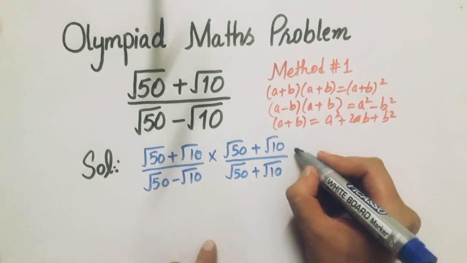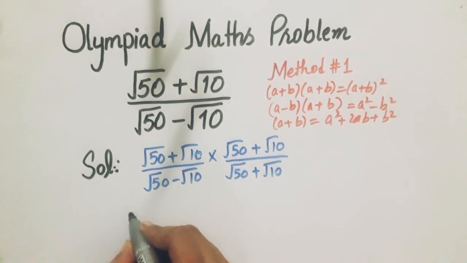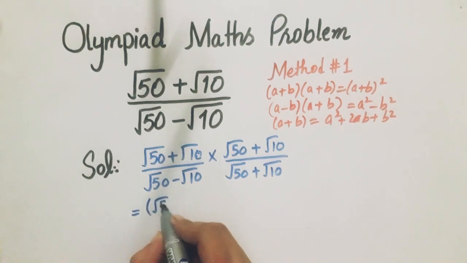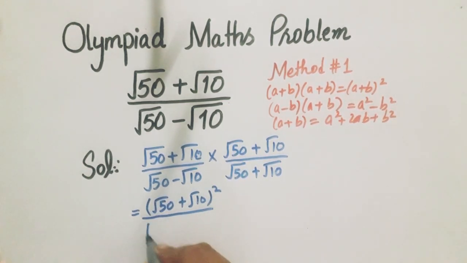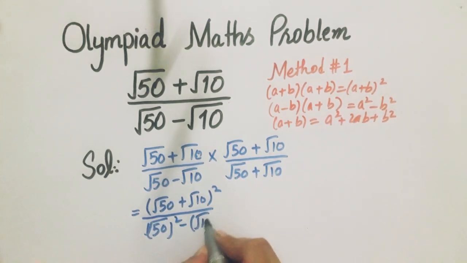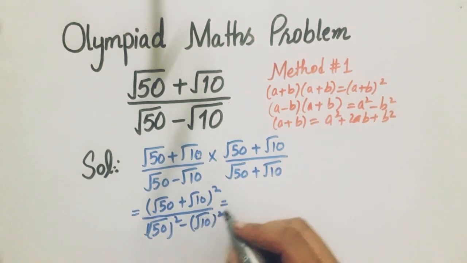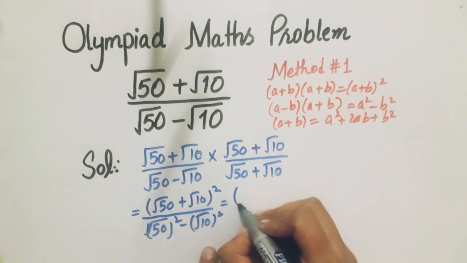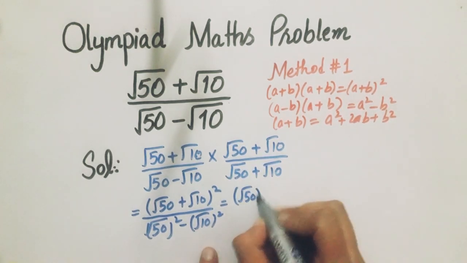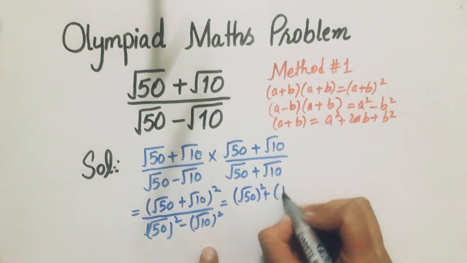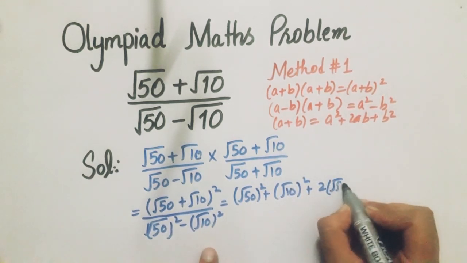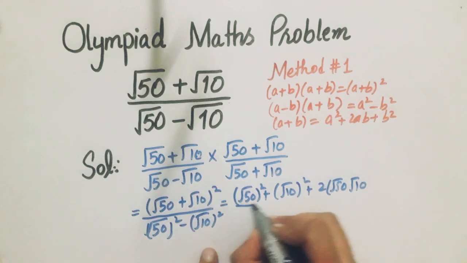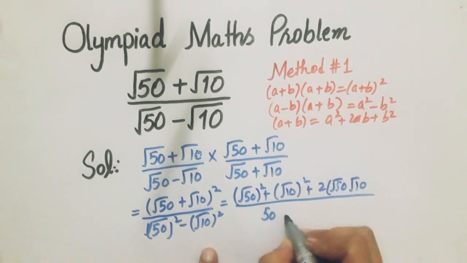According to that, in the next step we have square root 50 plus square root 10 whole square, divided by square root 50 square minus square root 10 square. Now a plus b whole square means a square plus b square plus 2ab, 2 into square root 50 and square root 10, divided by 50 minus 10.